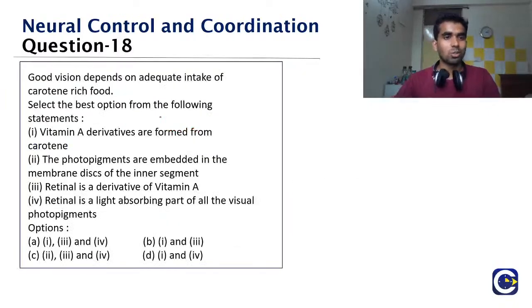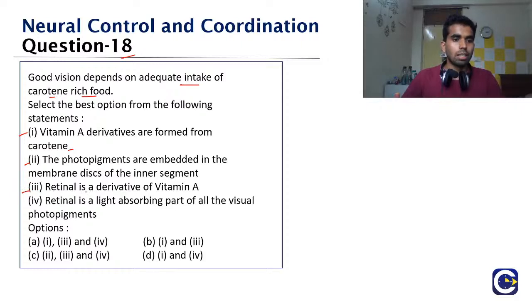Okay, so let us see question number 18. Good vision depends on adequate intake of carotene-rich food. Select the best option from the following statements. Option 1: Vitamin A derivatives are formed from carotene. Option B: The photopigments are embedded in the membrane disc of the inner segment.